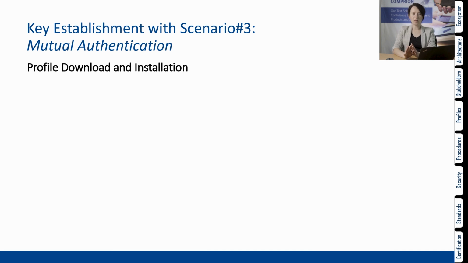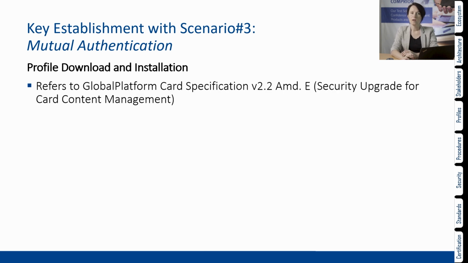So let's talk about this key establishment. What is used for this is the so-called scenario 3 from the GlobalPlatform specifications, with a mutual authentication part included. It is used for the profile download and installation and refers to GlobalPlatform Card Specification Amendment E, which is the security upgrade for card content management.